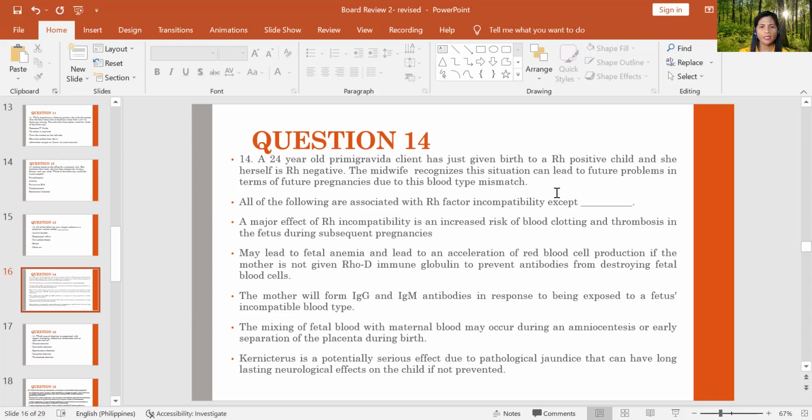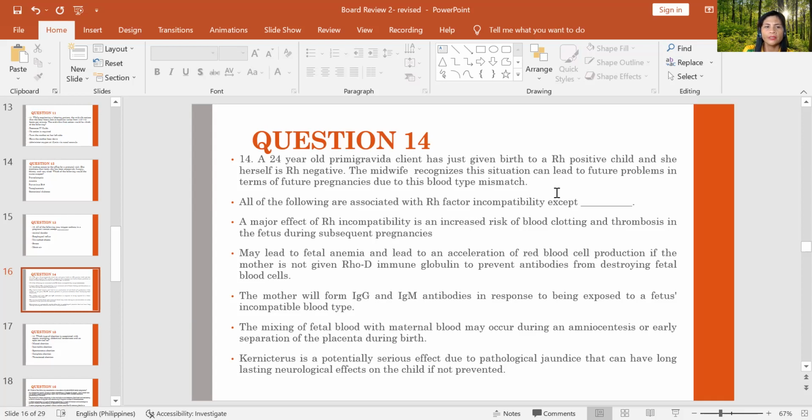Kernicterus is a potentially serious effect due to pathological jaundice that can have long-lasting neurological effects on the child if not prevented. Okay, so what is the answer?